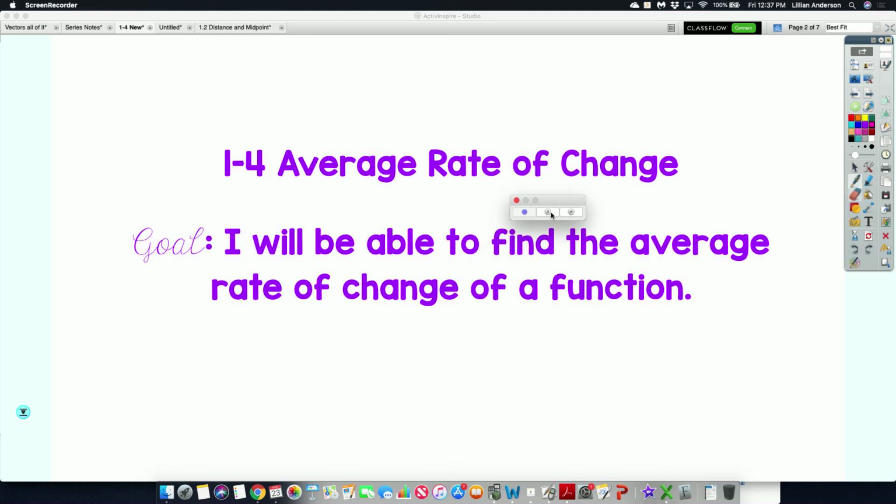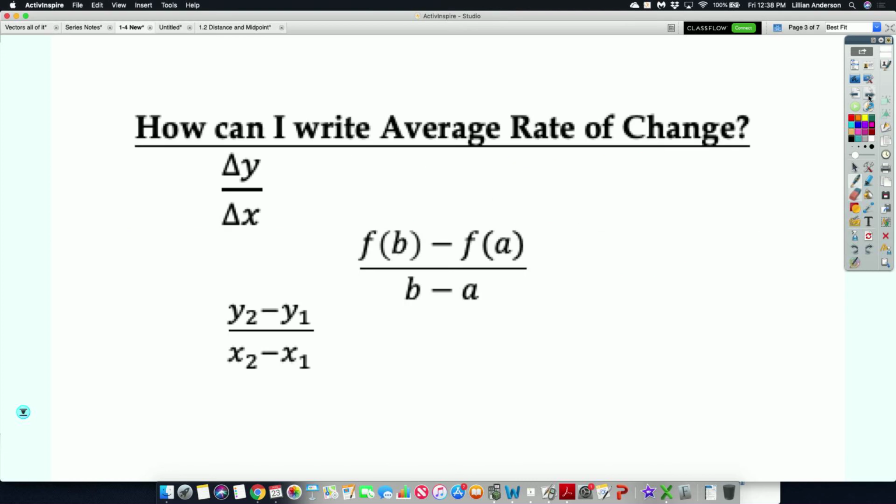Today, you're going to learn how to find the average rate of change of a function. Okay? And you have it on your foldable, how you can write the average rate of change. All three of those formulas say the exact same thing.